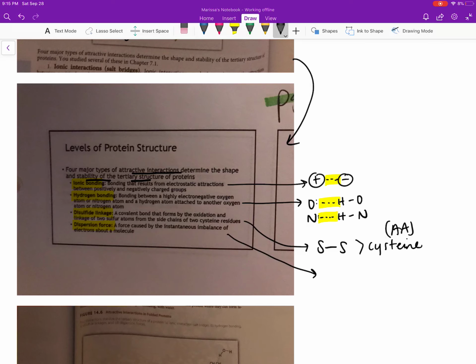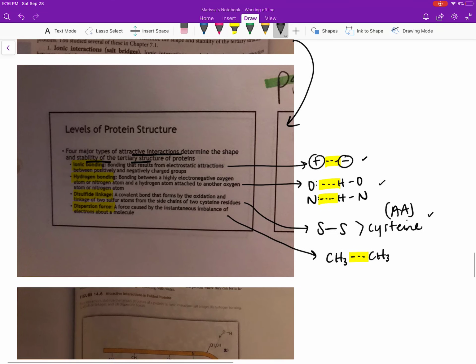This is a force caused by the instantaneous imbalance of electrons about a molecule. These tend to be our nonpolar groups. So like CH3 and CH3, they are not going to form the ionic bonding, they're not going to have hydrogen bonding, and they don't have sulfurs to do disulfide linkage. So their only interaction is dispersion forces. Okay, so let's see what that might look like.